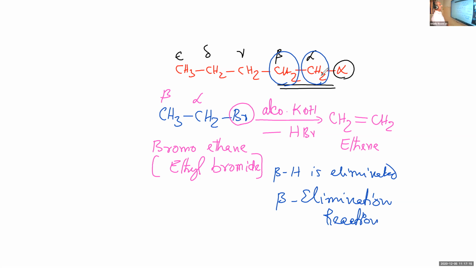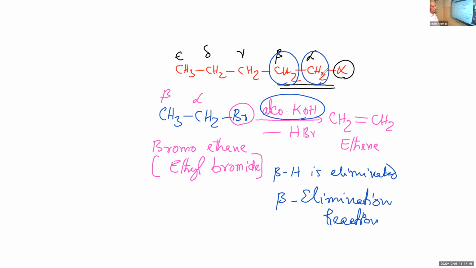And for beta elimination, the reagent used is usually alcoholic KOH, not aqueous, not in water, but in alcohol. The solvent is alcohol. There is an elimination of a beta hydrogen as HBr, and so the reaction is called a beta elimination reaction.